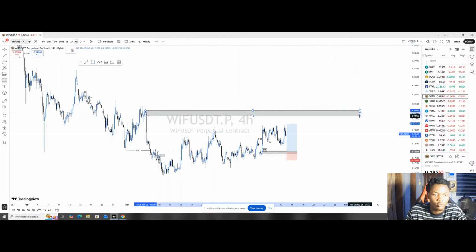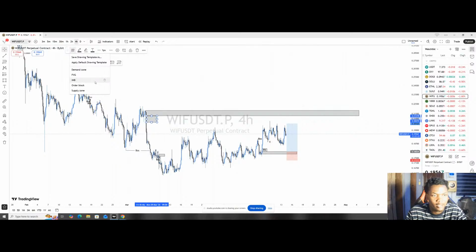Now we have our fair value gap here. Let's say an imbalance. We have an imbalance here, and again, I'm looking at price to map this as our liquidity.